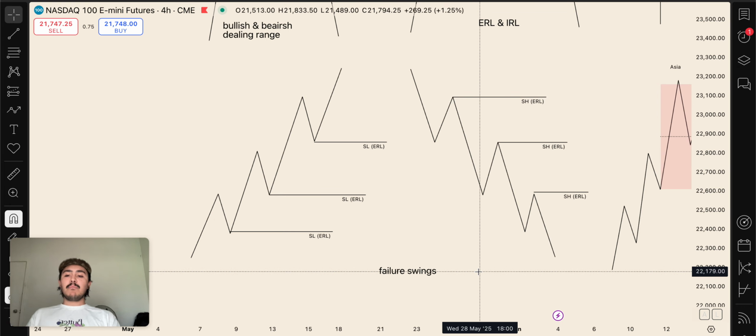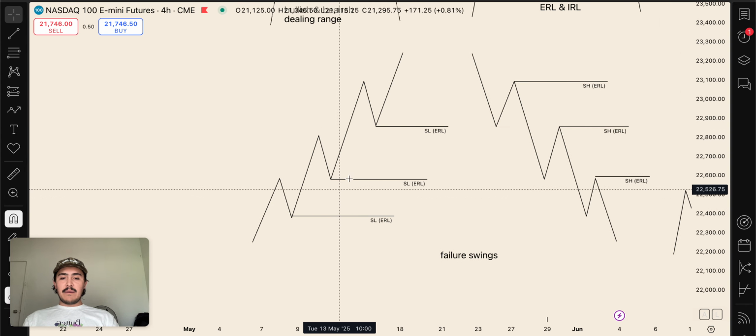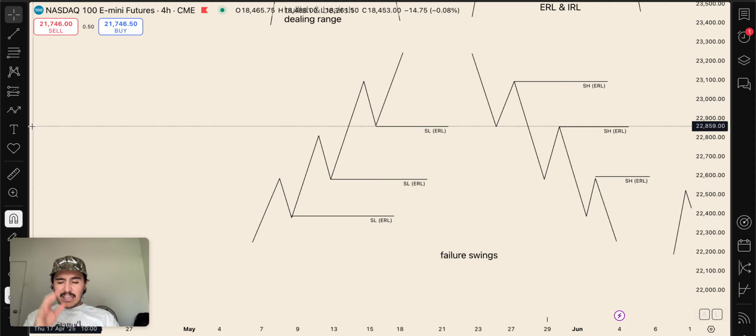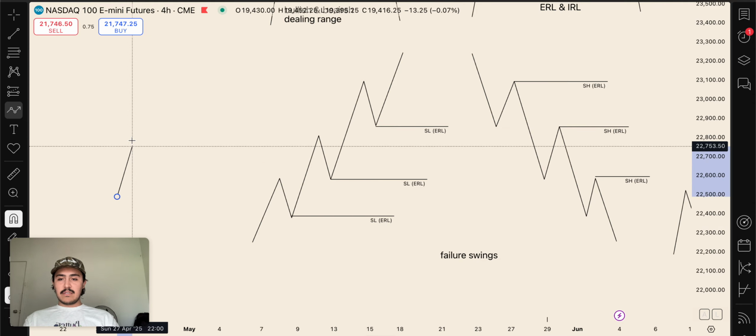But in that same process, price is doing something even more that's going to help you understand your own liquidity. It's making failure swings, meaning that these swing lows are being left unswept. If we're going into a lower time frame, we're most likely going to see this.